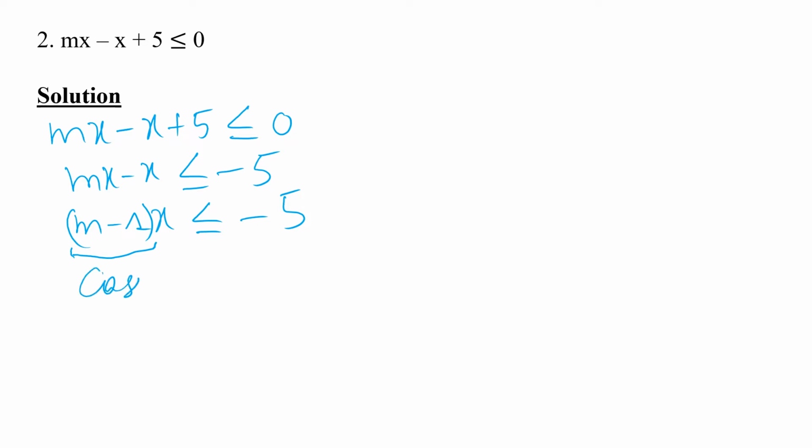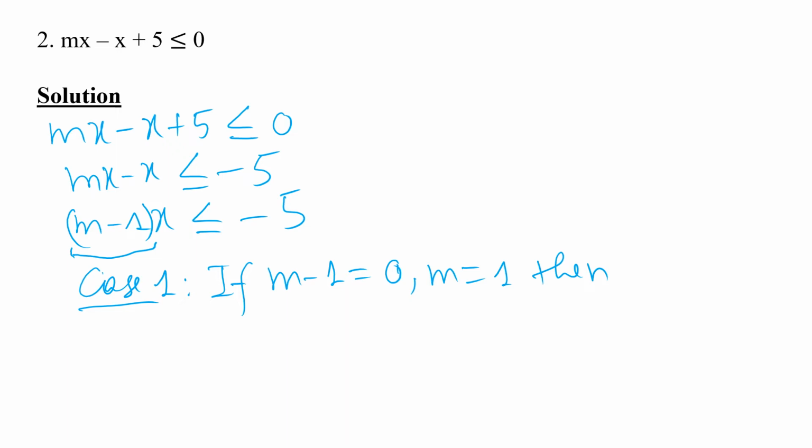Case number 1. If m minus 1 is equal to 0, we have m which is equal to 1, then we replace m by 1, we get 0x, which is less than or equal to negative 5.